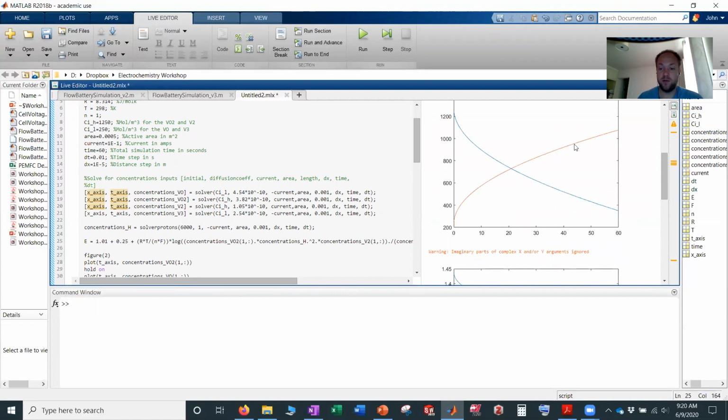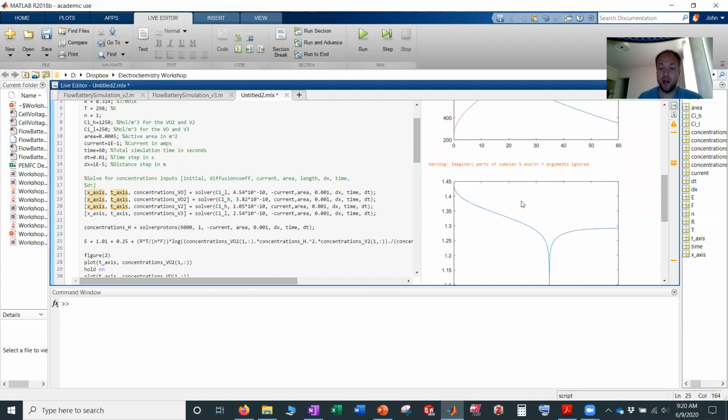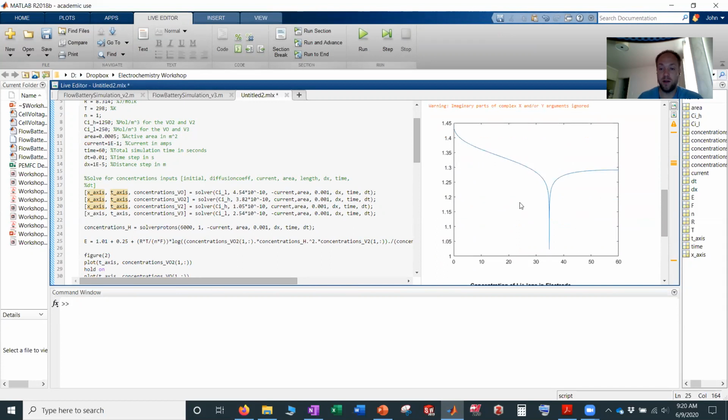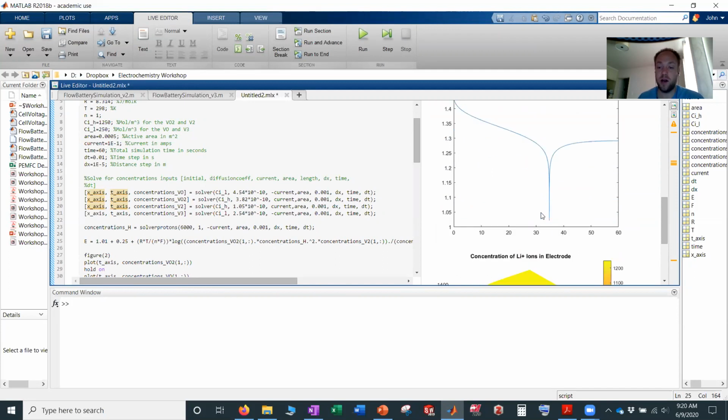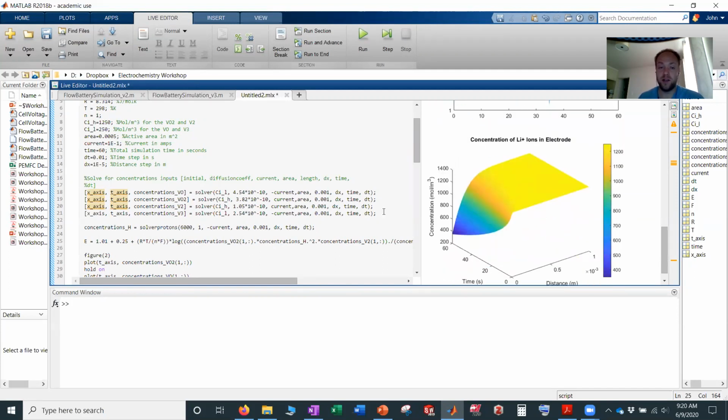So these start at 250 and go up, and 1250 and go down. This seems like it brings the voltage down closer to the equilibrium potential, which is around 1.26, which is good. The reason it's a little bit high is because in general your concentrations are above the standard concentrations, so it makes sense it's a little bit high. And this looks good.